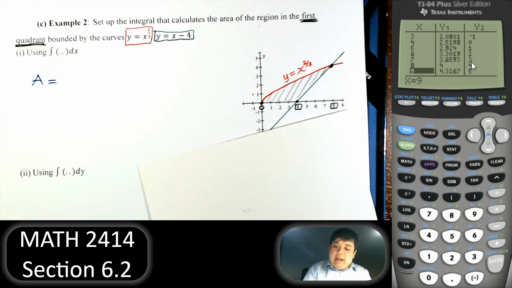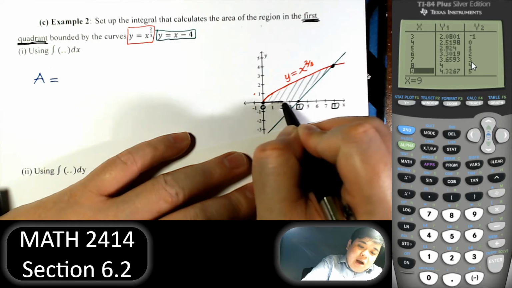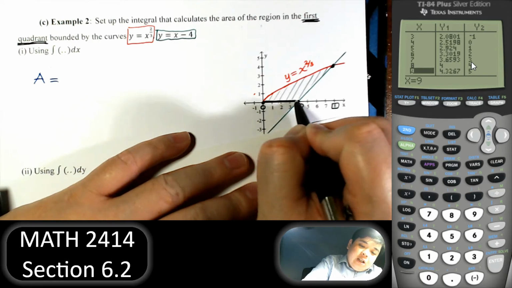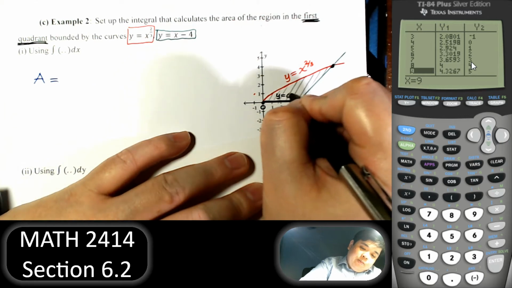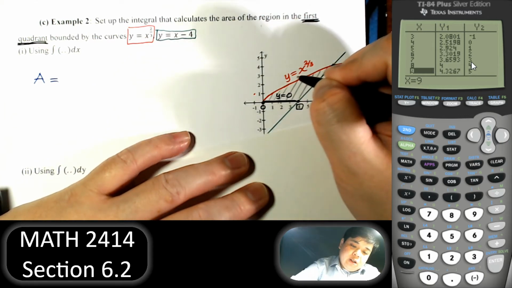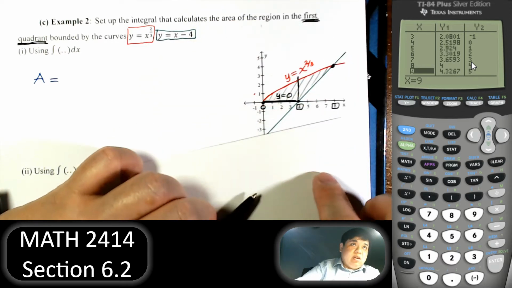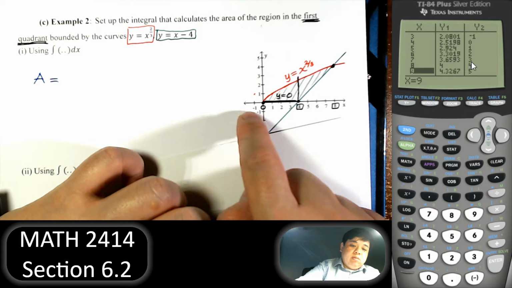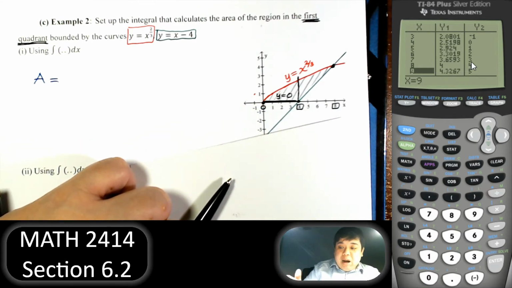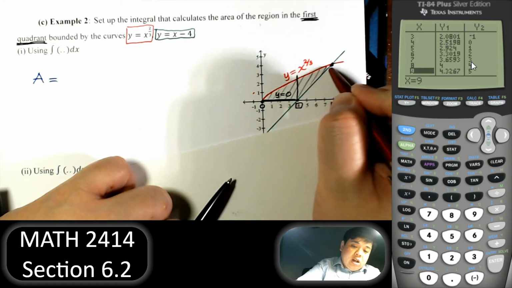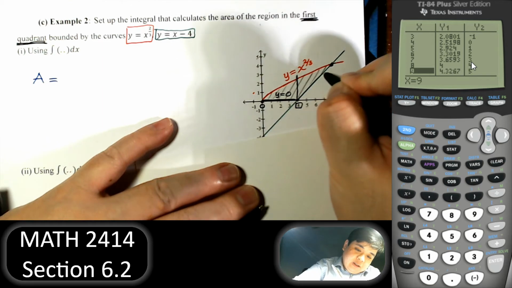But the lower boundary, from 0 to 4, is the x-axis, or y equal to 0. So from 0 to 4, the curve is on top and the horizontal line at the bottom. From 4 to 8, the boundary is different. The line is on top, and the bottom is the curve.